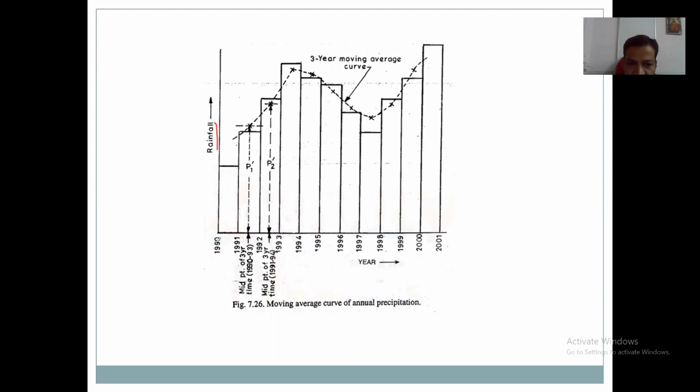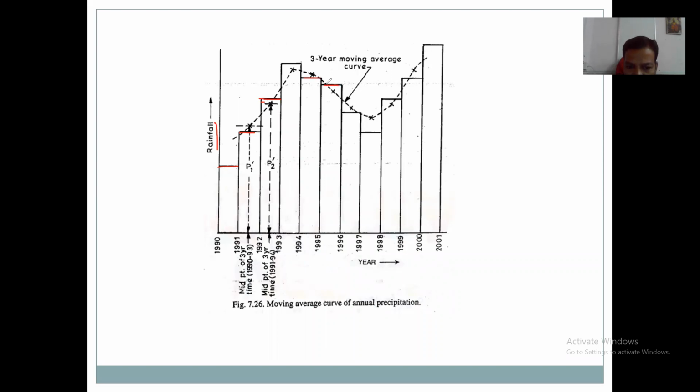See this, in 1990, the intensity of rainfall is less. Here it is shown. 1991, it is increased. 1992, it is again increased. 92 to 93, it is increased. From 93 to 94, it is decreased.